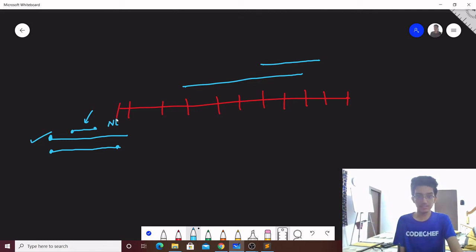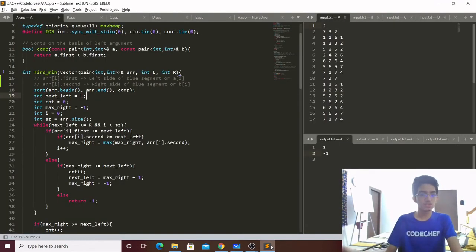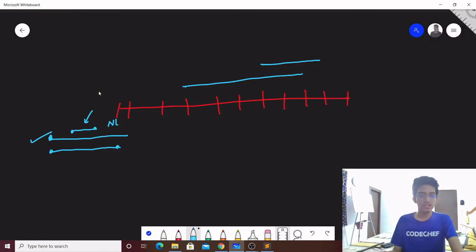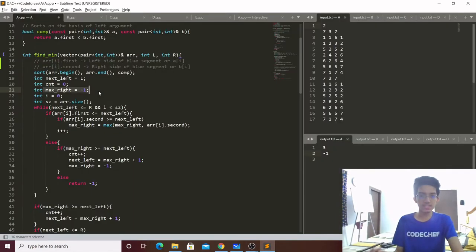And as for next left, it denotes what is the next segment that you want to cover. Okay, and int count. This is the final count of snakes that you want to retain. And int max right. Okay, what is max right? This basically tells us the maximum right segment that we are covering right now.